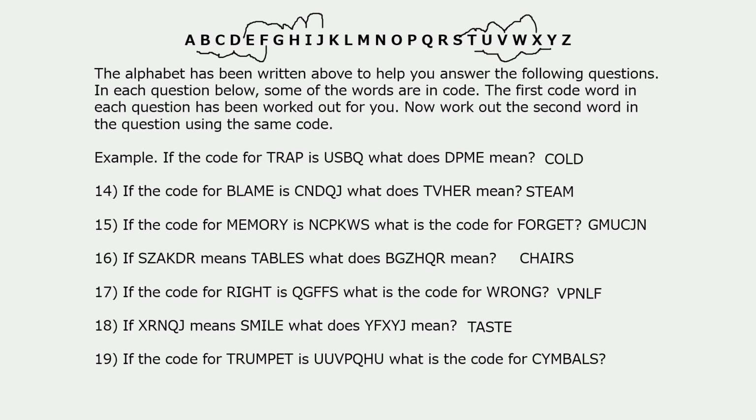If the code for trumpet is UUVPQHU, what is the code for cymbals? Again, don't start cracking up because of the similarity between trumpet and cymbals. So T is to U. Well, first, of course, we need to rub out again.